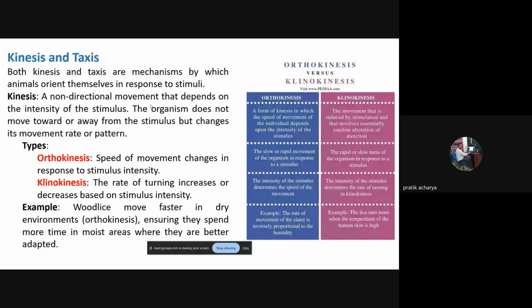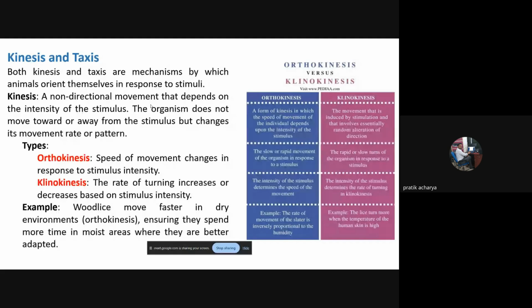That kind is known as kinesis. So in kinesis, what happens? In kinesis, the organism does not move towards or away from the stimulus, but changes its movement rate or pattern. That means if there is a certain stimulus in a particular direction, the organism is not attracted towards the stimulant, nor does it move far away from the stimulus in the opposite direction. But what happens to the organism? The organism starts changing direction in any manner.